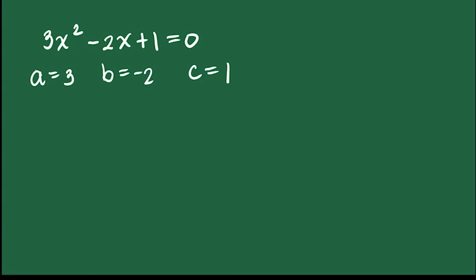Another example is this. In this sixth example, the value of a is 1. Since we do not have a linear term, that means b is equal to 0, and c is equal to negative 1.